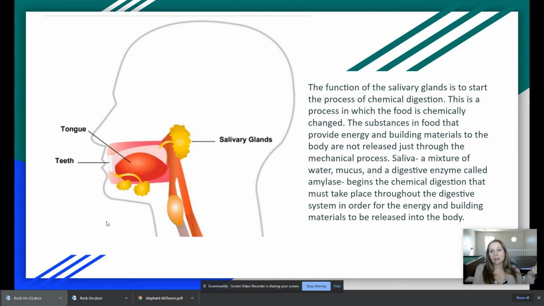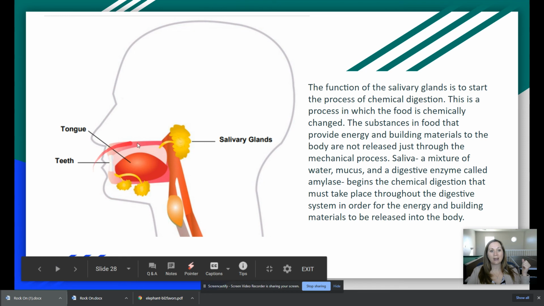The substances in food that provide energy and building materials to the body are not released just through the mechanical process. Saliva, which is a mixture of water, mucus, and a digestive enzyme called amylase, begins the chemical digestion that must take place through the digestive system in order for the energy and building materials to be released into the body.